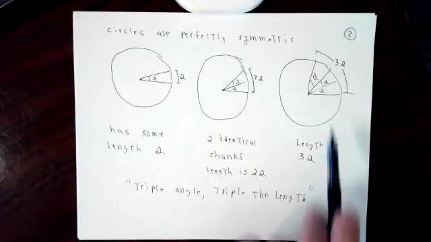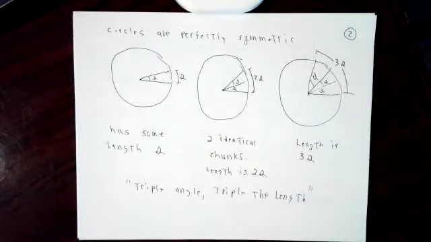If I have 3 of these things, then the length is going to be 3 times the original length. If you triple the angle, you also triple the length. This means that the length is going to be proportional to the angle.